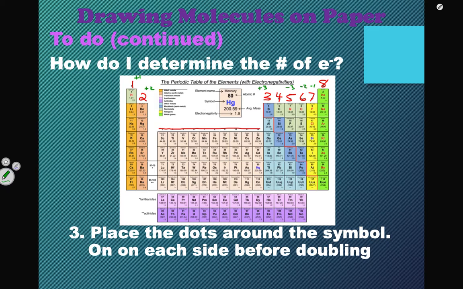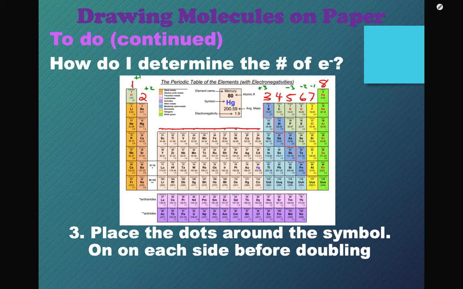Once we get into how it works and what typically happens, you'll notice that the charges have a correlation with the number of valence electrons. So usually, with respect to this middle column, whatever the charge is will tell you how many valence electrons. So if I give you iron, but I tell you it's a +2 charge, well then you know it's going to have 2 valence electrons. So that's the easy way to do that.